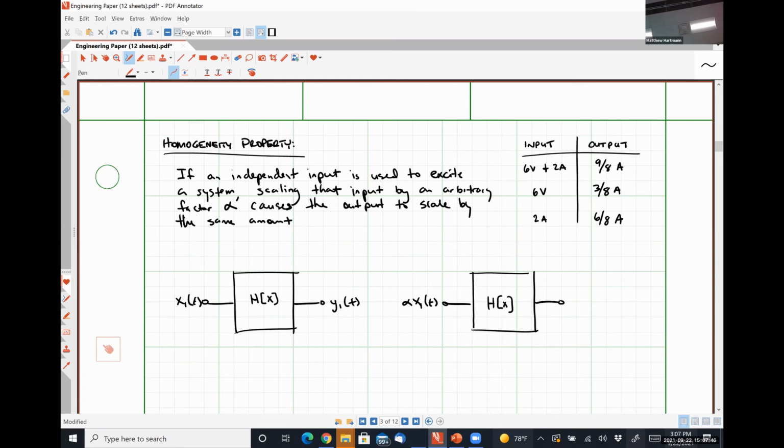So we could double the voltage or double the current or something like that. It could be imaginary numbers, which means we don't know really how that behaves in circuits yet, but it's effectively shifting it by 90 degrees in the frequency domain. Or we could use complex numbers, which is a combination of real and imaginary numbers. And this still holds, all right? So alpha x1 of t must yield an output of alpha y1 of t, okay? So if we scale the input by some amount, we scale the output by the same thing.